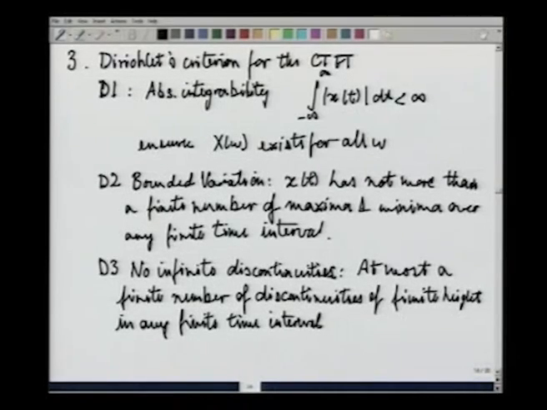These are the three constraints of the Dirichlet's criterion.